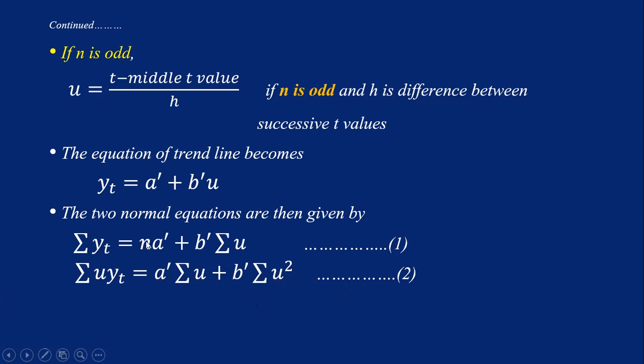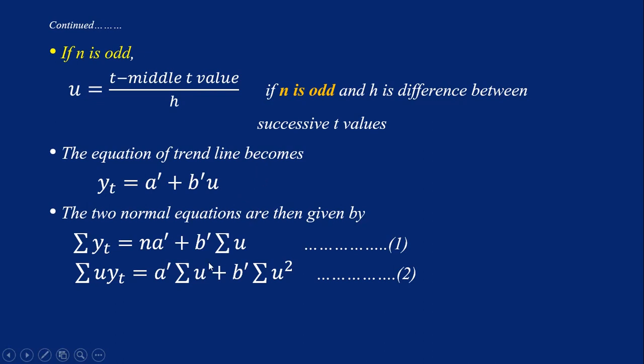In these equations a dash and b dash are unknown. To find the values of these two unknowns we require two equations. Solving these two equations we find the values of a dash and b dash and substitute them in the trend line equation, and we get the equation of the trend line.